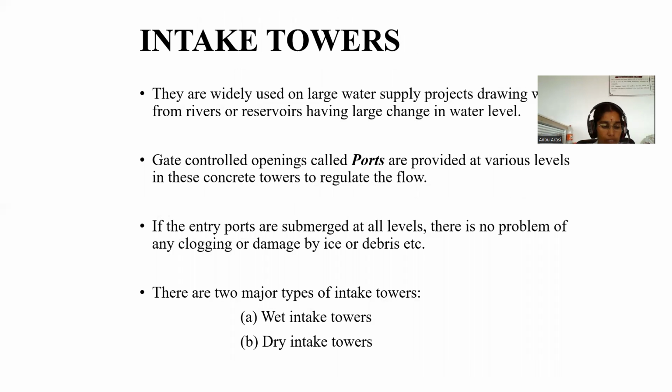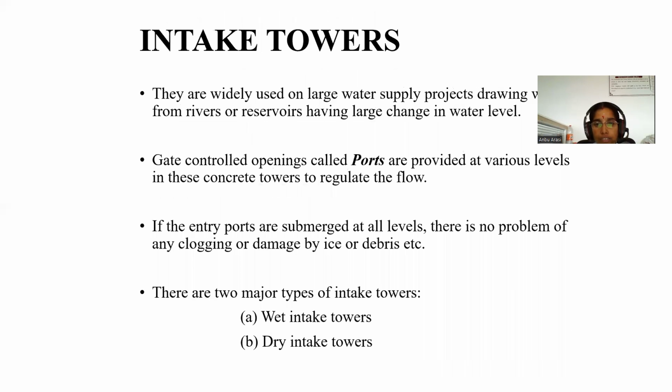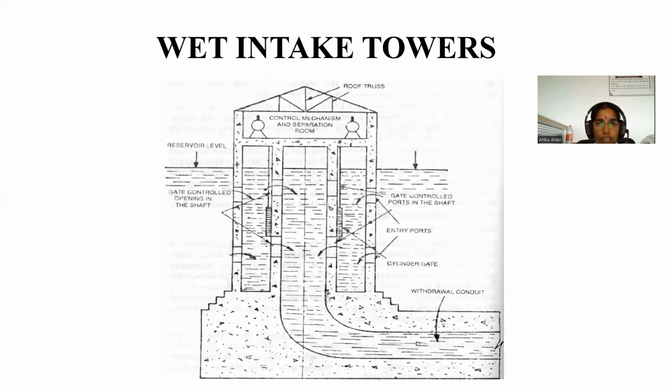Next, intake towers. Intake towers are generally classified into two types. One is wet intake tower and another one is dry intake tower. Wet intake tower. This is the wet intake tower diagram.